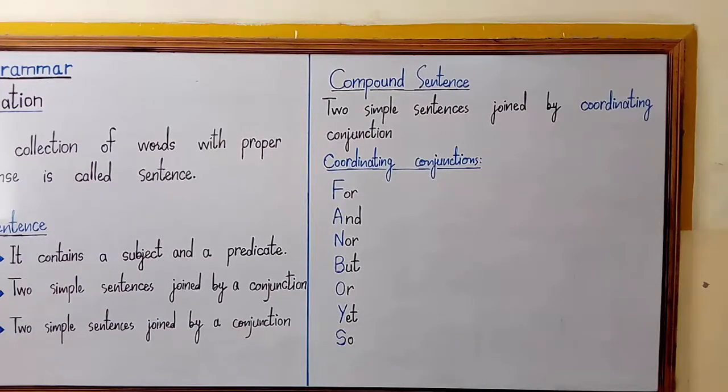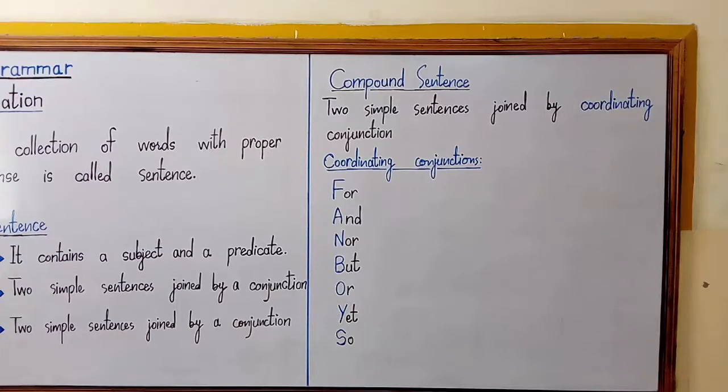FANBOYS. This is an acronym in which F stands for for, A stands for and, N stands for nor, B stands for but, O stands for or, Y stands for yet, and S stands for so. FANBOYS are coordinating conjunctions.